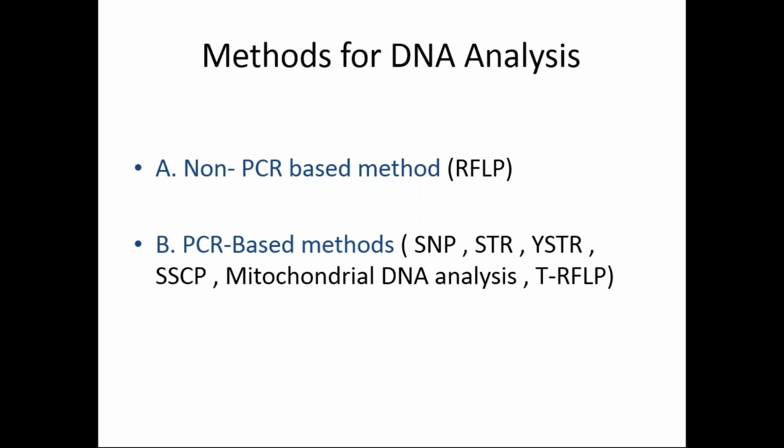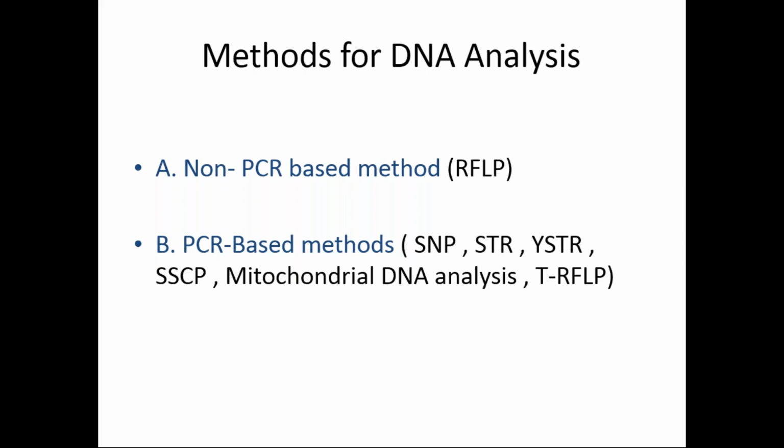Before the discovery of PCR, Alec Jeffreys utilized the restriction fragment length polymorphism method to develop the DNA fingerprint, and that DNA fingerprint was utilized for crime scene investigation or for criminal identification.